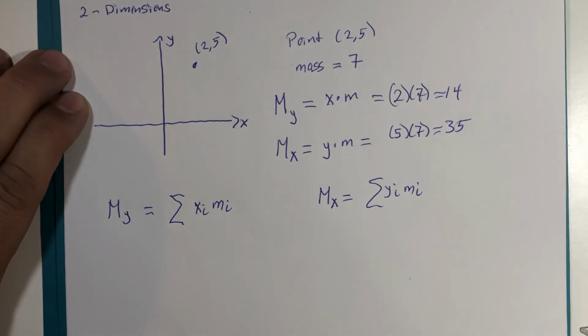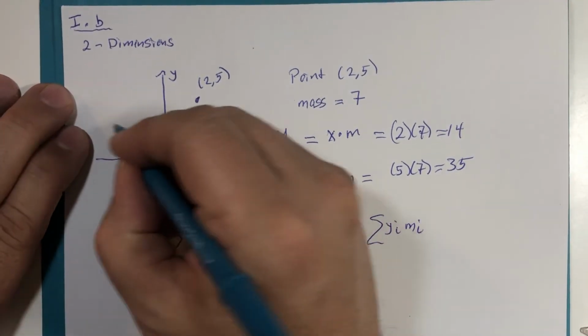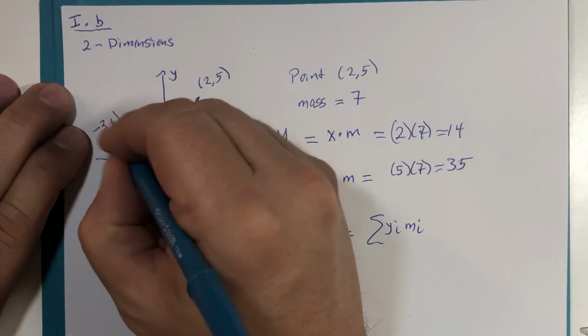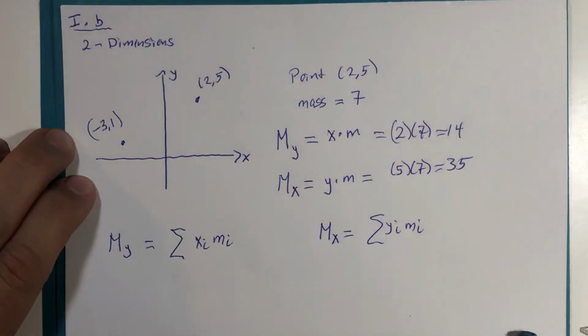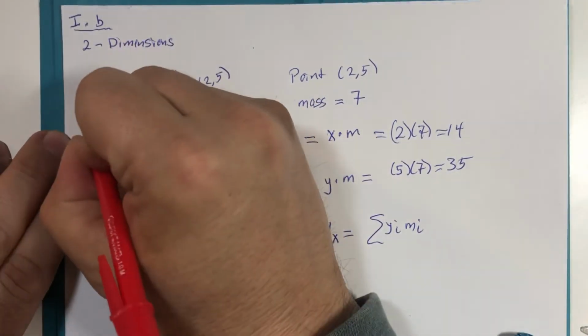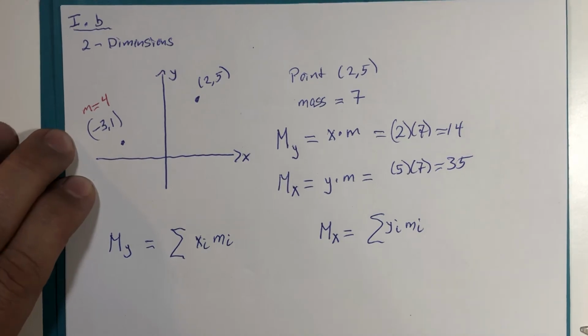So let's add a second point to our system here. How about a point here at -3, 1, and let's have it with a mass of 4 units that are not specified here.